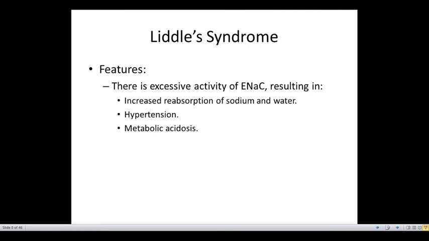Its features include excessive activity of the epithelial sodium channel, resulting in increased reabsorption of sodium and water, hypertension, and metabolic acidosis.